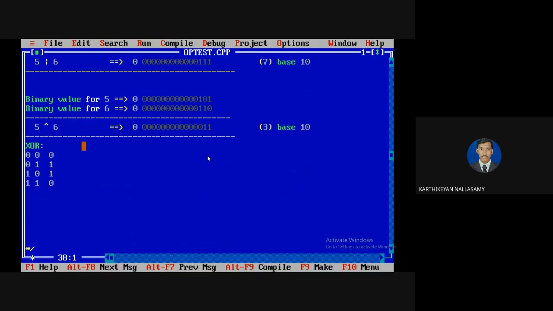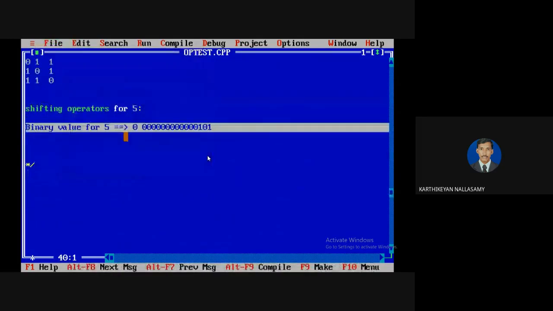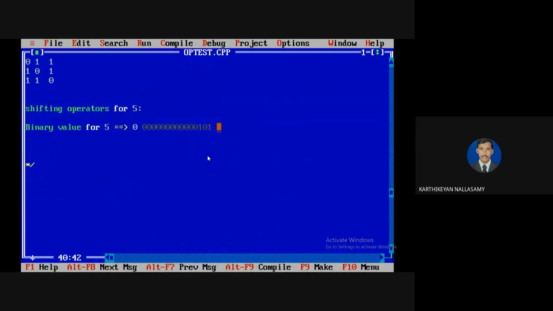Here I'm going to apply the shifting operator for 5. We know that the binary value of 5 is already found. So this is the binary value for 5.